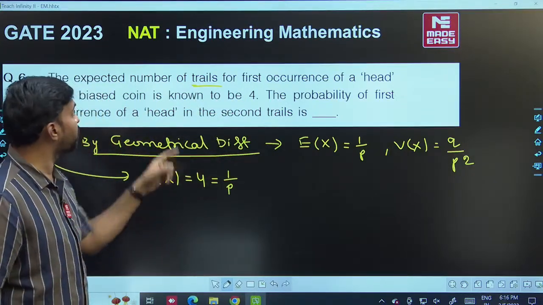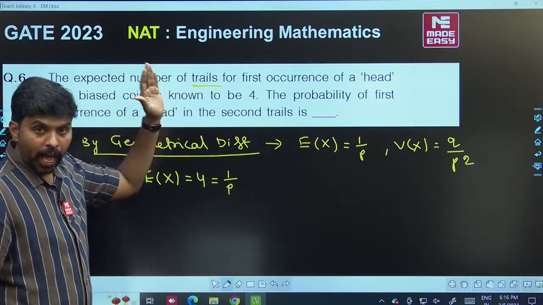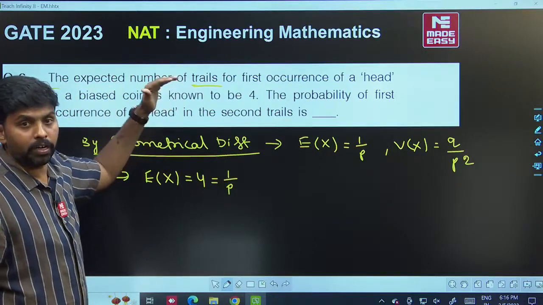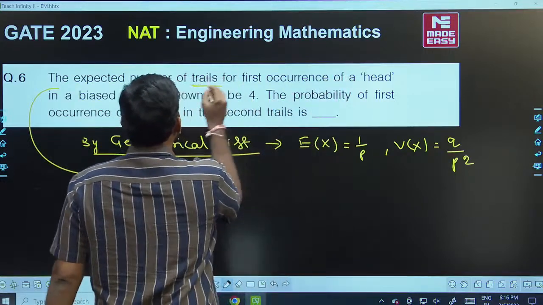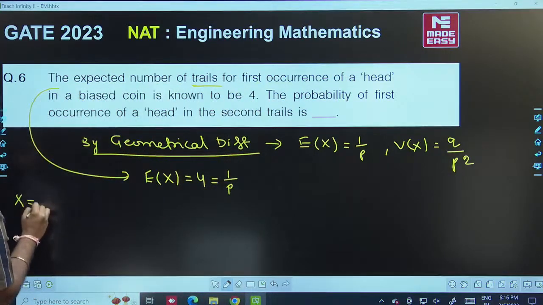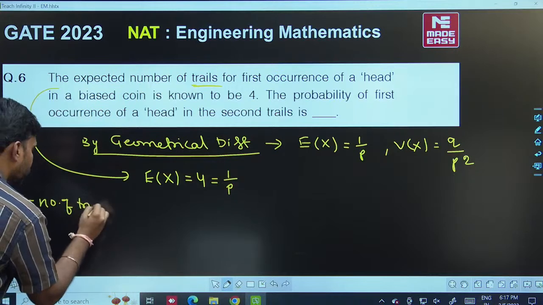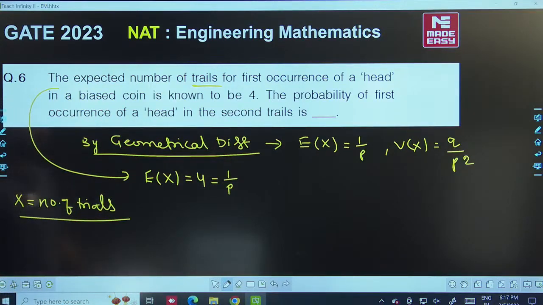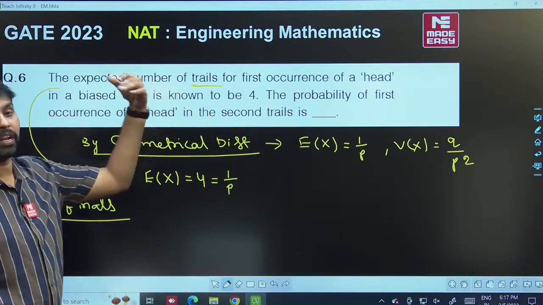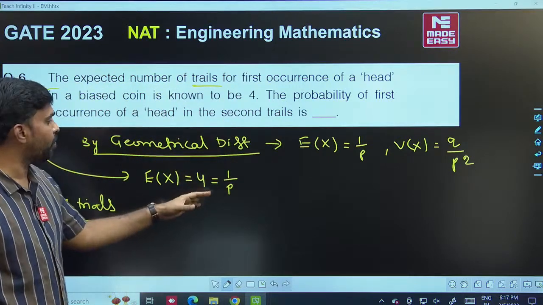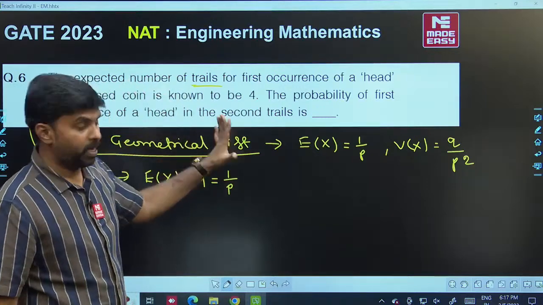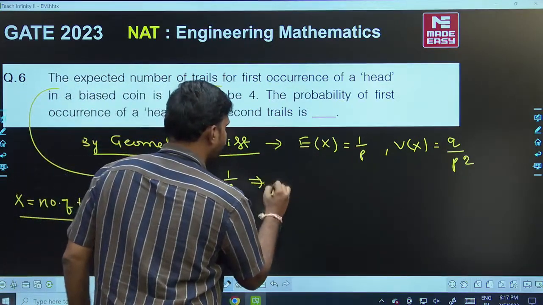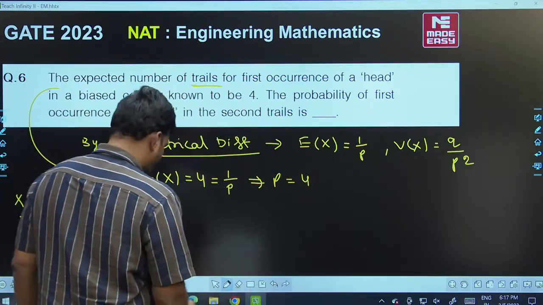So the expectation of this particular experiment, the expected number of trials, where the number of trials is our random variable, is given by 1 by p, which is equal to 4. So from this we are getting p is equal to 1 by 4.